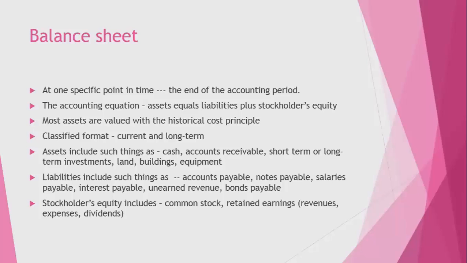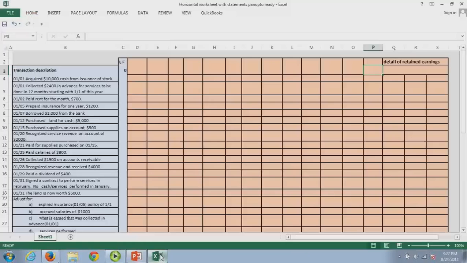Retained earnings goes up for revenues, retained earnings goes down for expenses, and down for dividends. So earnings being net earnings, revenue less expense. So the profits that we made in the business from day one that we kept in the business and didn't distribute out as dividends. Okay, so let's see if we can go to our problem.